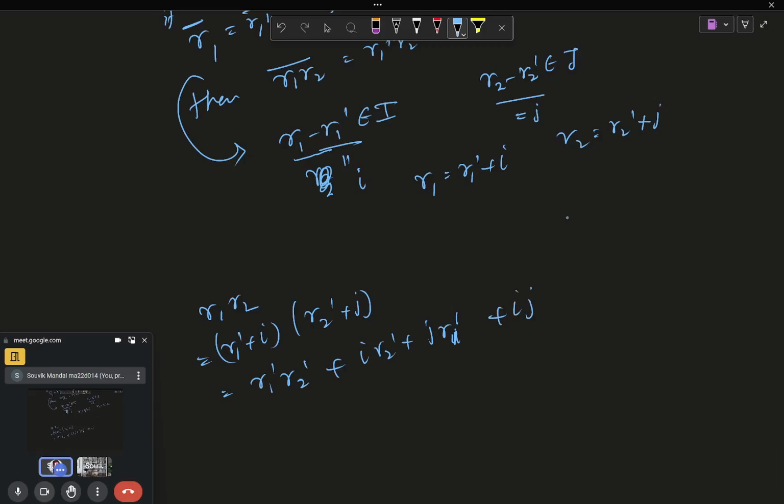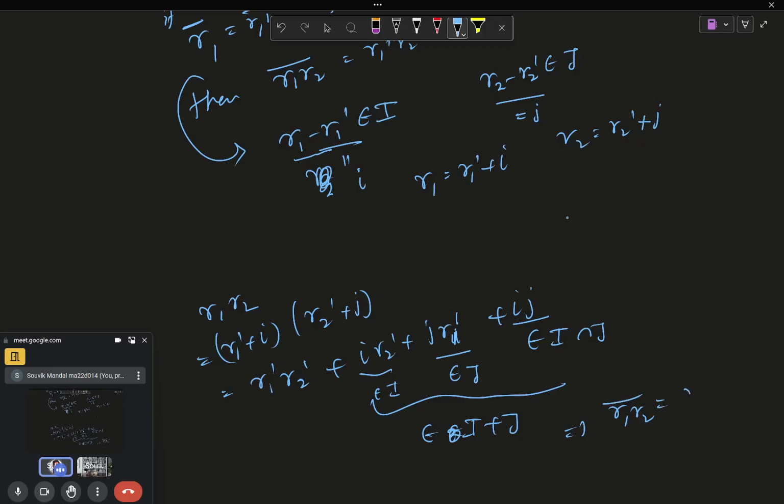This element belongs to capital I, this element belongs to capital J, and this element anyway belongs to I intersection J, right? So the whole element belongs to I plus J, correct? So R1 R2 whole bar is equal to R1 bar R2 bar. Understand? So this is all well defined.